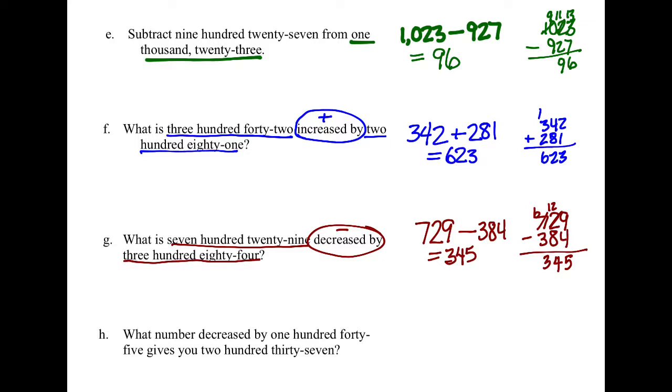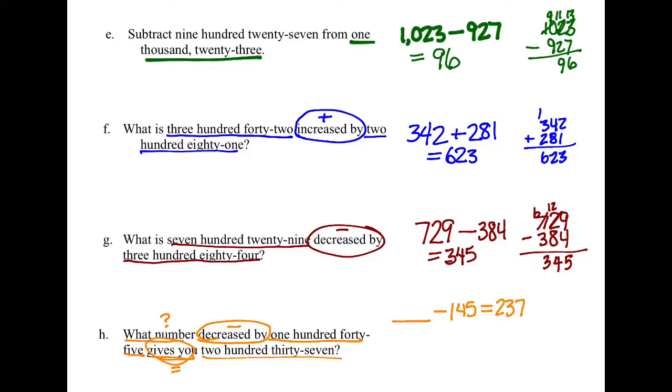And the last one. What number, so this is what we don't know what that number is, decreased by, so that's subtract, 145 gives you, here's our equal sign, right? 237. So, what number decreased by 145 gives you 237?